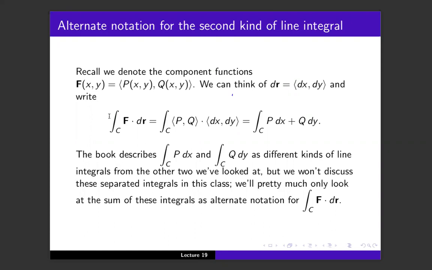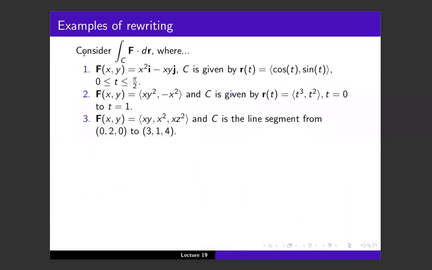So make no mistake. If you see something that looks like an integral of a function times dx plus a function times dy, that's a vector field integral. Even though you don't see any vector notation, that's a vector field integral. It's an alternative way of describing it. So let's look at what that notation can look like.